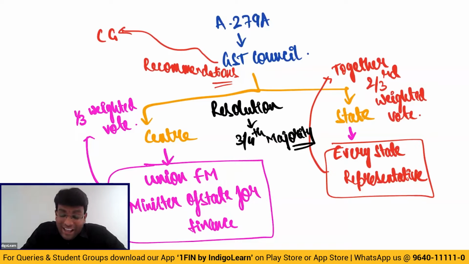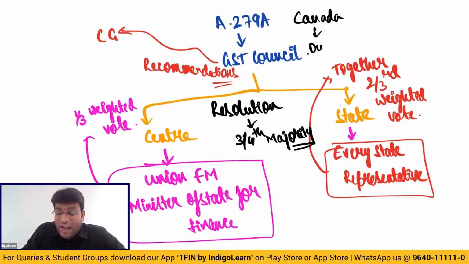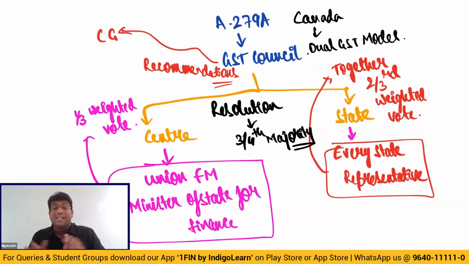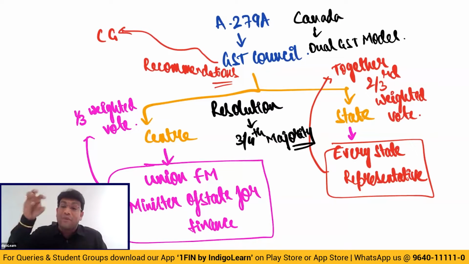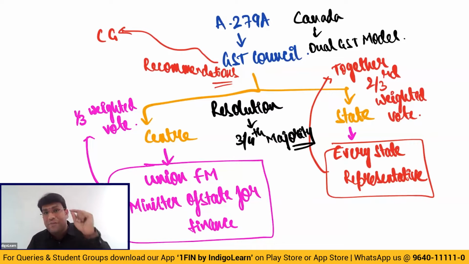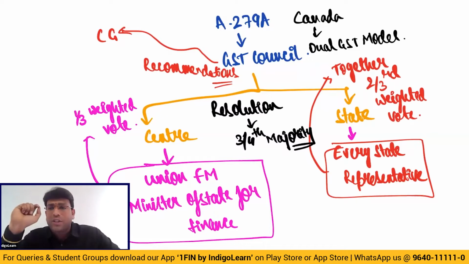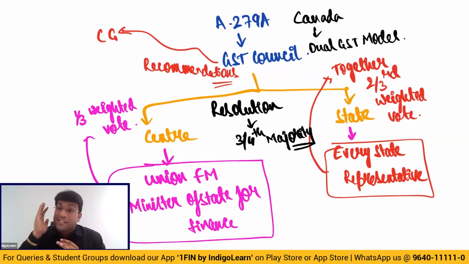That is the reason why in India, we adopted the Canada model of GST, which is technically called the dual GST model. Dual GST model is a case where center and state together will levy and collect the taxes. That is a fundamental reason why there was a need to amend the constitution in 2016. Prior to 2016, there were some taxes levied only by central government, and some indirect taxes levied only by state government.